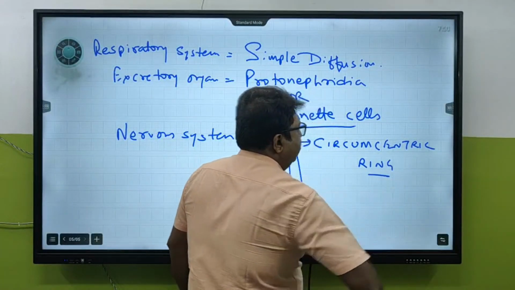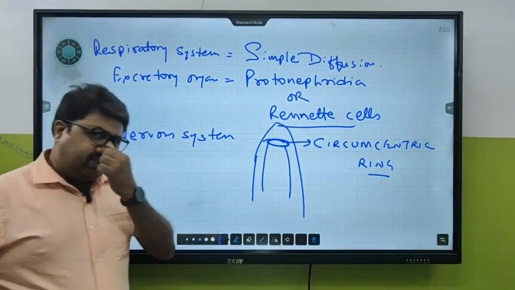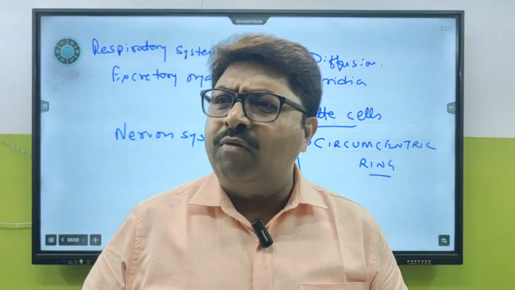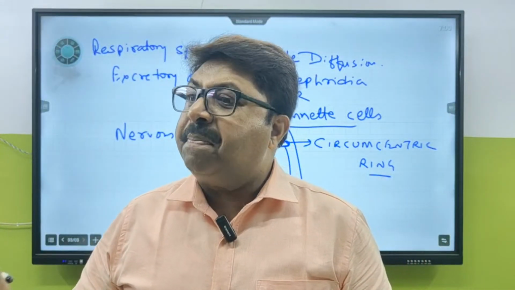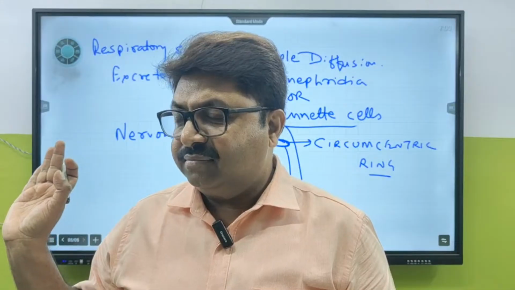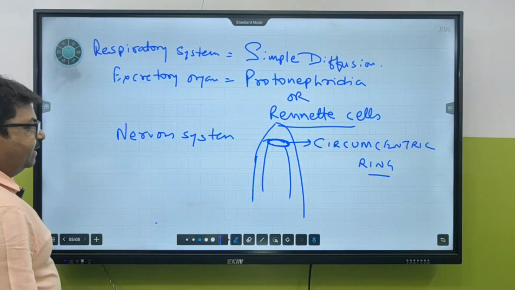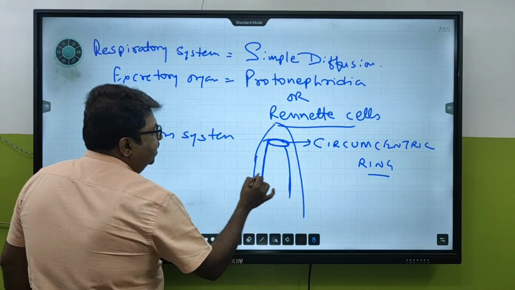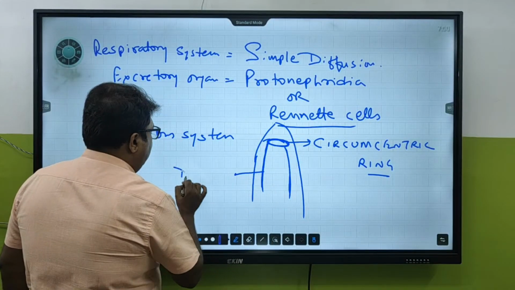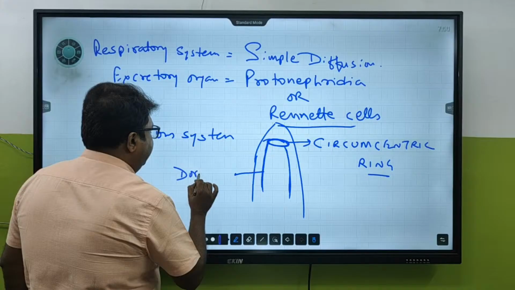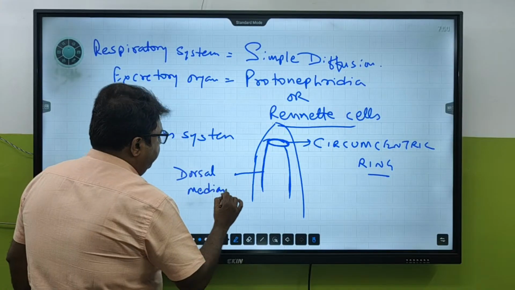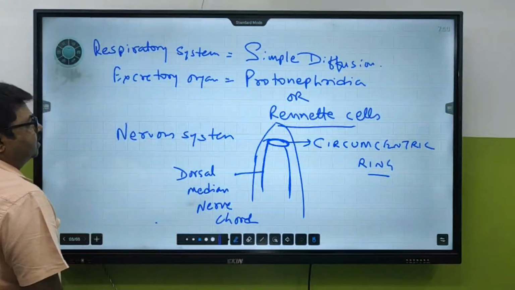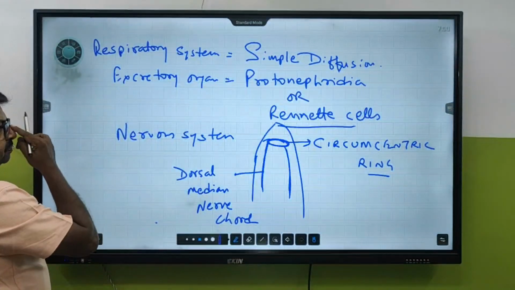They have circumoral rings. It is a very primitive, not highly evolved type of nervous system. And there is a dorsal medial nerve cord. Clear? This is the nervous system that they have.